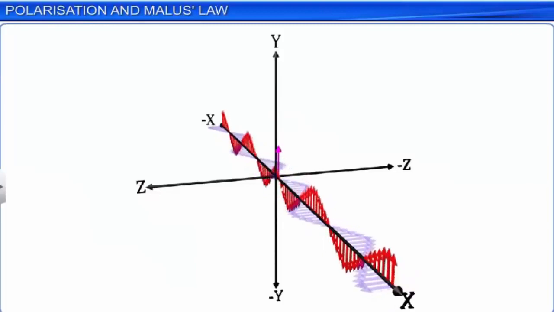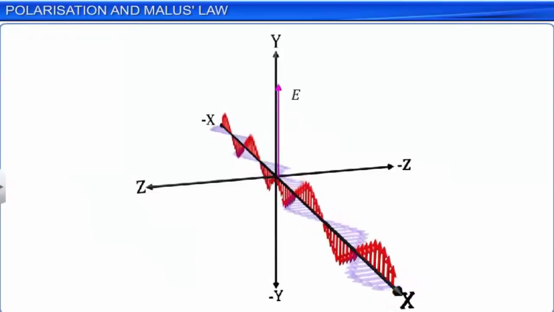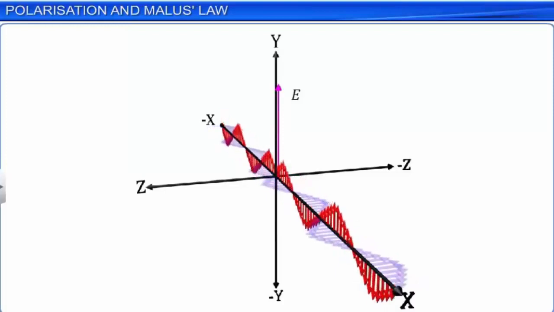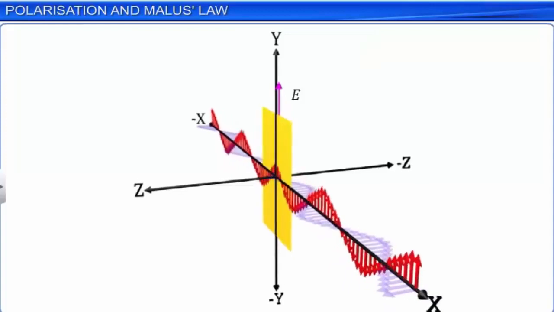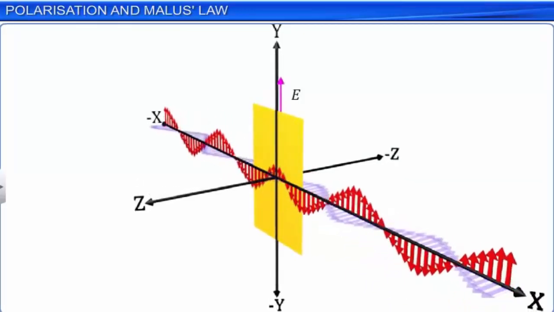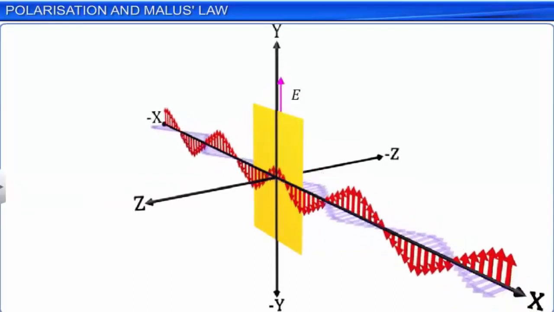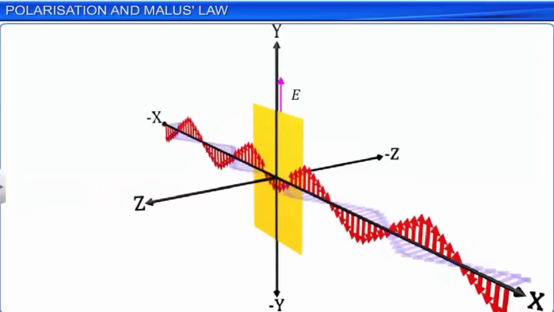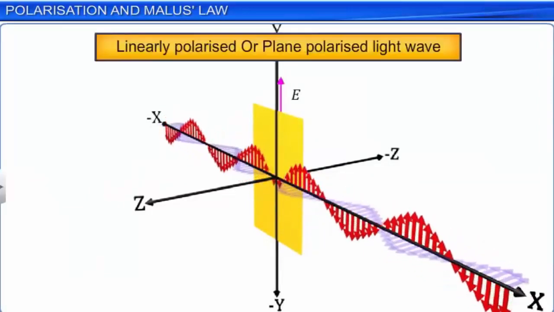For example, if E is always along the y-axis, then the light wave is a y-polarized wave. The plane determined by the E vector and the direction of propagation of the wave is called the plane of polarization of the wave. If the E field remains in a fixed direction, then the wave is said to be linearly polarized or plane polarized.